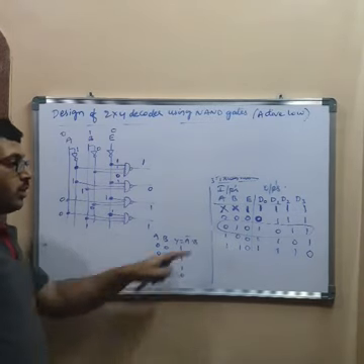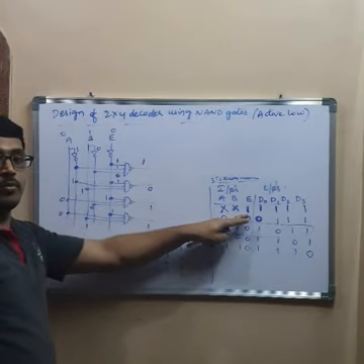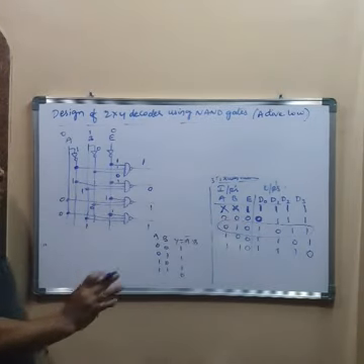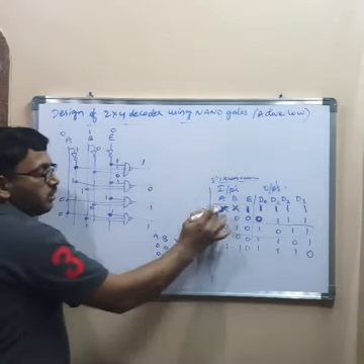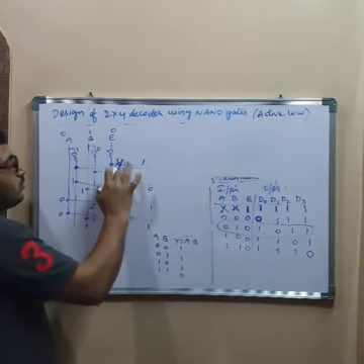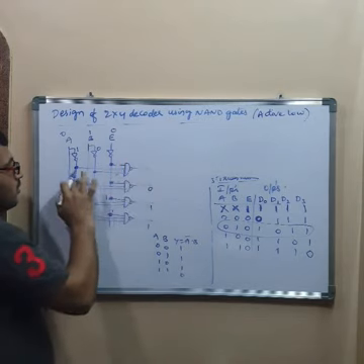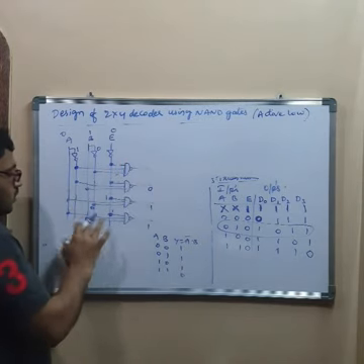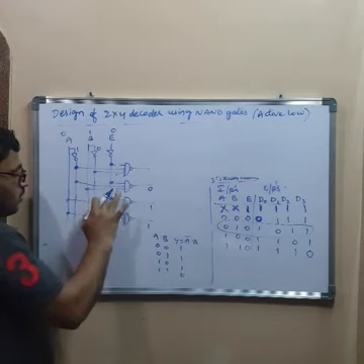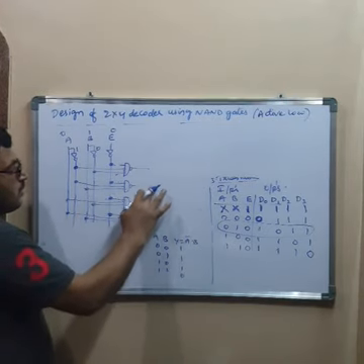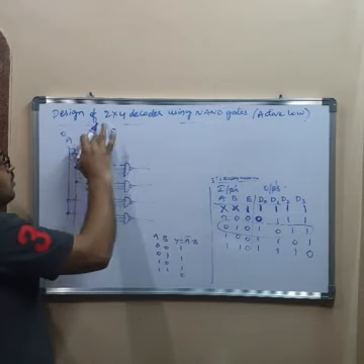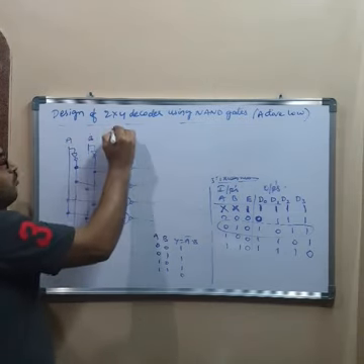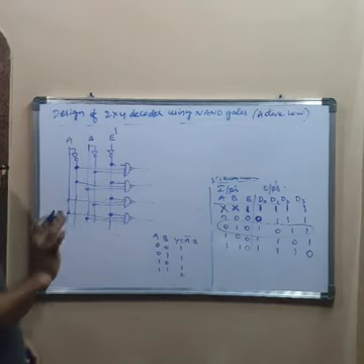Now I have told you the meaning of don't care. If enable input is not activated, see, I am erasing all these inputs. I'm taking this combination now. One, enable input is not activated.